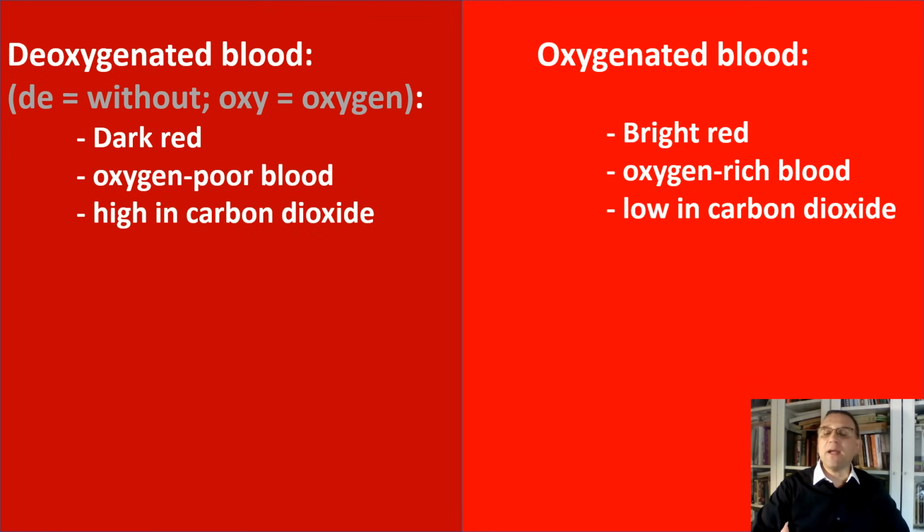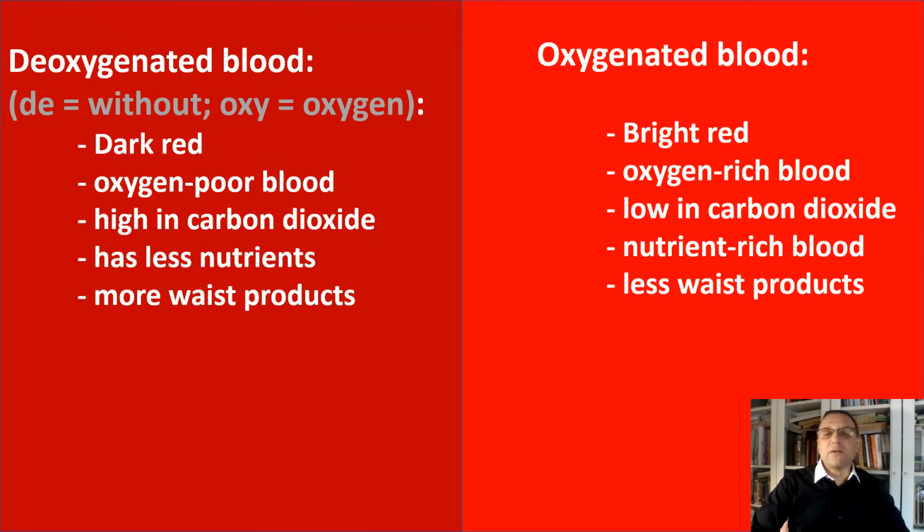Deoxygenated blood is high in carbon dioxide because it went through the body tissues and picked up this waste product of cellular respiration. As you remember, cellular respiration is a process of making ATP molecules that give energy to the biochemical reactions in the body. Oxygenated blood has a low concentration of carbon dioxide since its hemoglobin molecules are bound to oxygen.